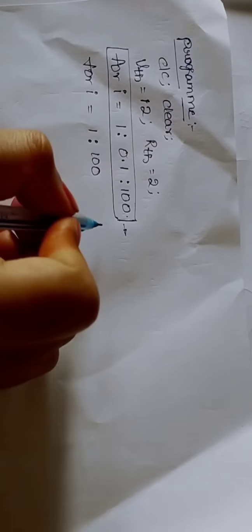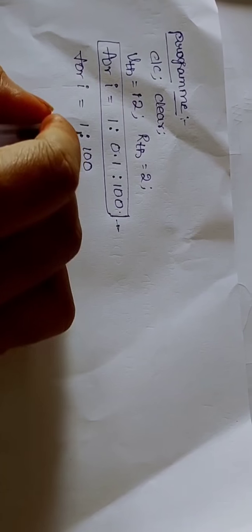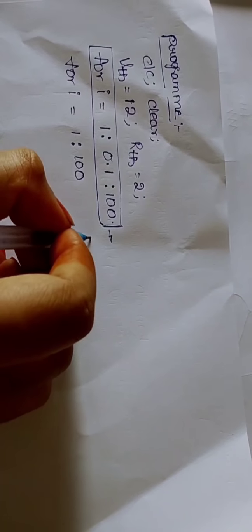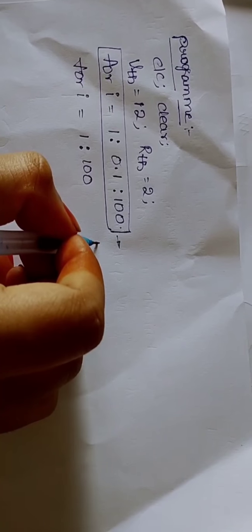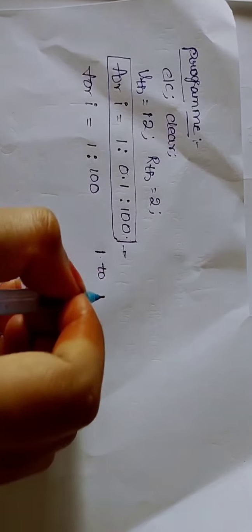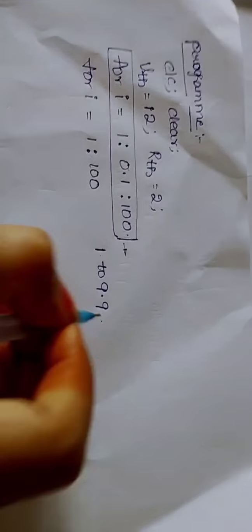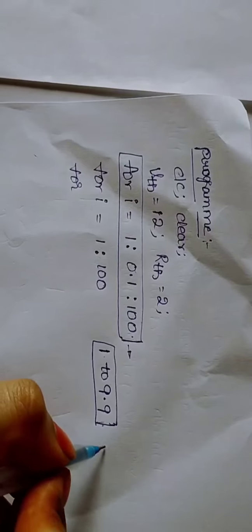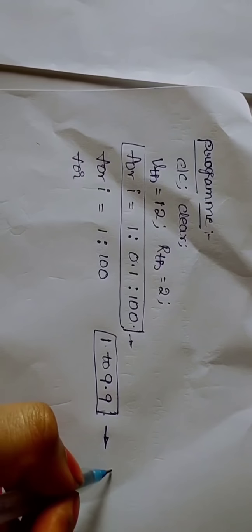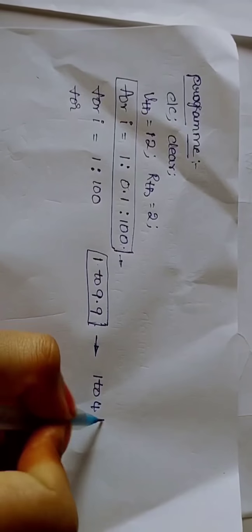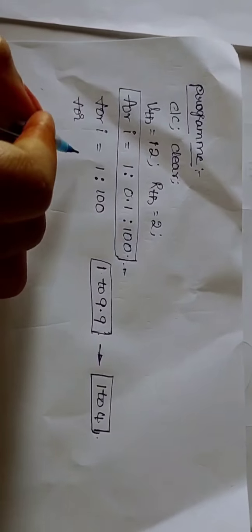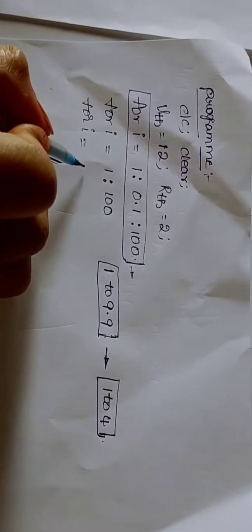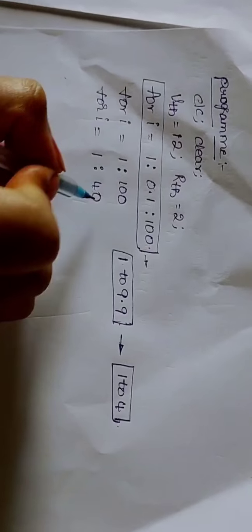If we write 100, it will go from 0.1 to 9.9, but we want only up to 4, so we are writing for I equals 1 to 40.